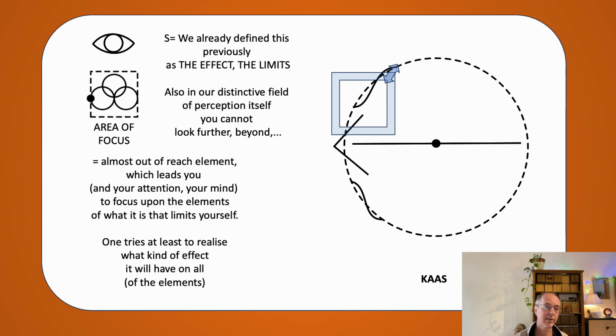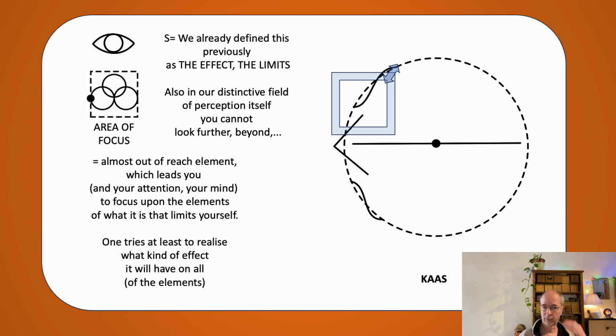I can see that this area of focus is at its limits. It's the last letter in the system. It says actually in our perception that in all the elements that we see, this is at the limits of what we can still grasp.